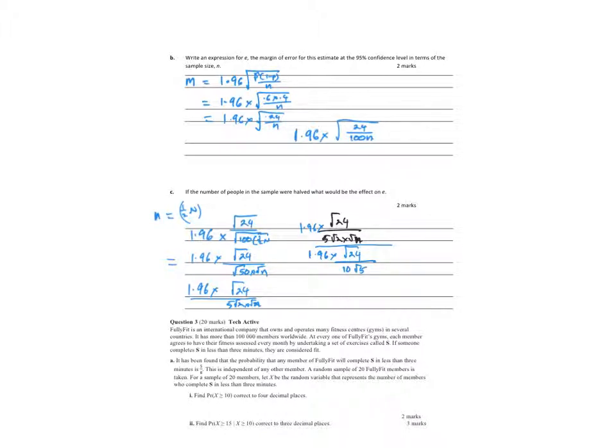So what sort of a ratio does that give me? Let's flip the bottom one upside down and multiply: 10 root n over 1.96 times root 24. So let's go 1.96 crosses 1.96, root n will cross with root n, root 24 with root 24.